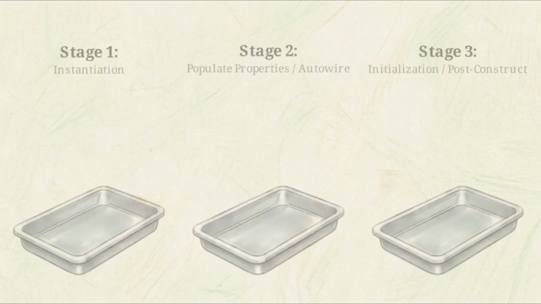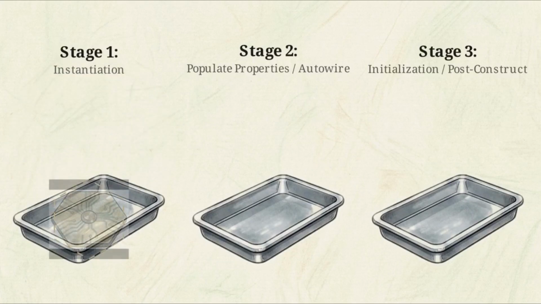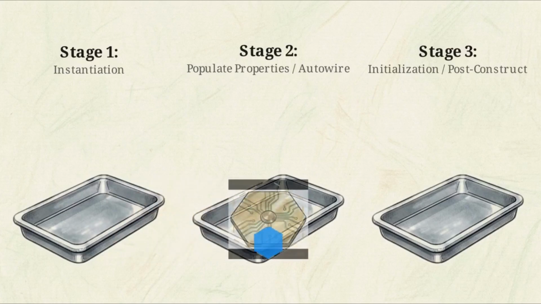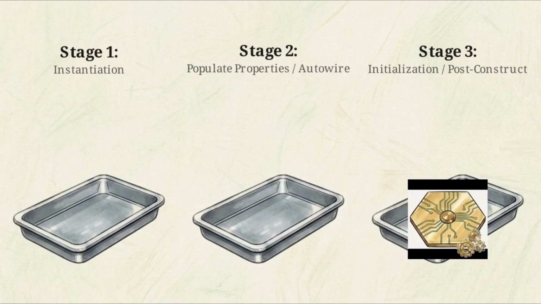It has to execute the build in a highly specific, linear sequence. This graphic shows that sequence, known as the Spring Bean pipeline. Every managed object in your application must pass through these three distinct stages to reach a functional state. Stage 1 is instantiation. This is where the JVM allocates raw heap memory for the object. Stage 2 is dependency injection, often seen as auto-wiring.